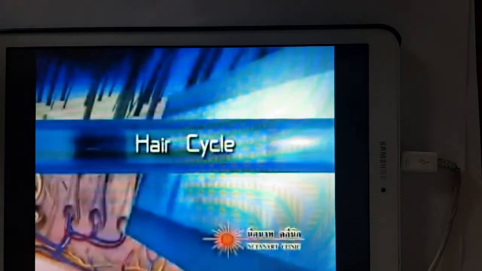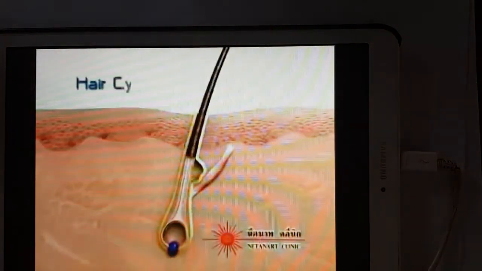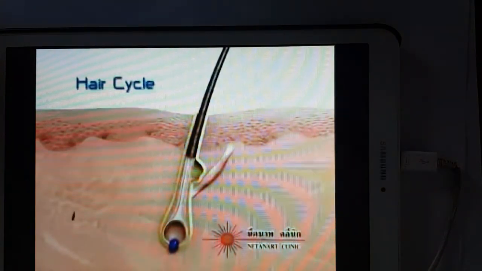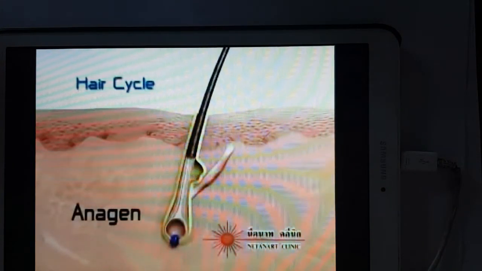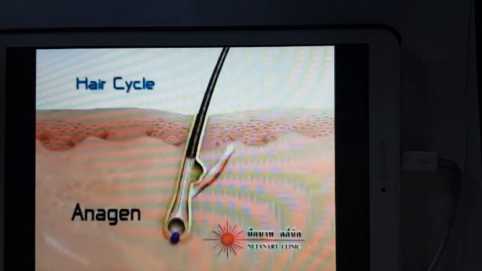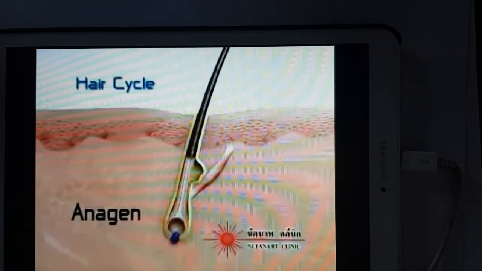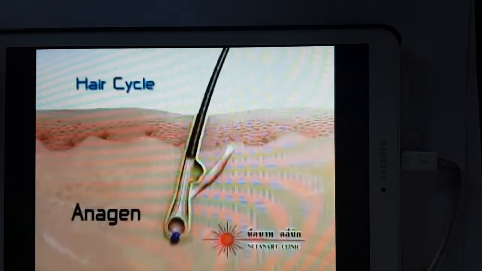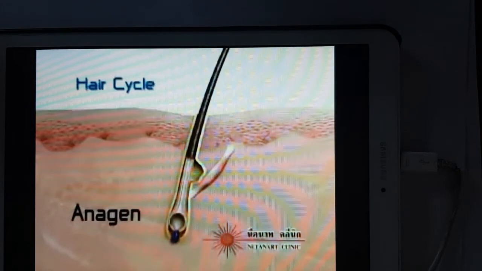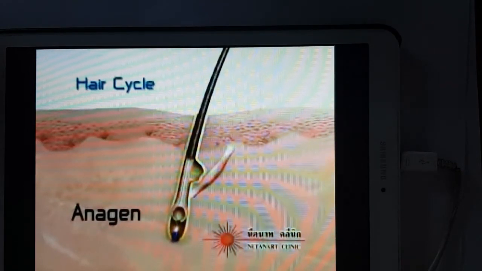The next video is on the hair growth cycle. It's a small video, a pictorial representation of the hair growth cycle, the three phases of hair growth. The first is anagen, the hair growing phase, right?